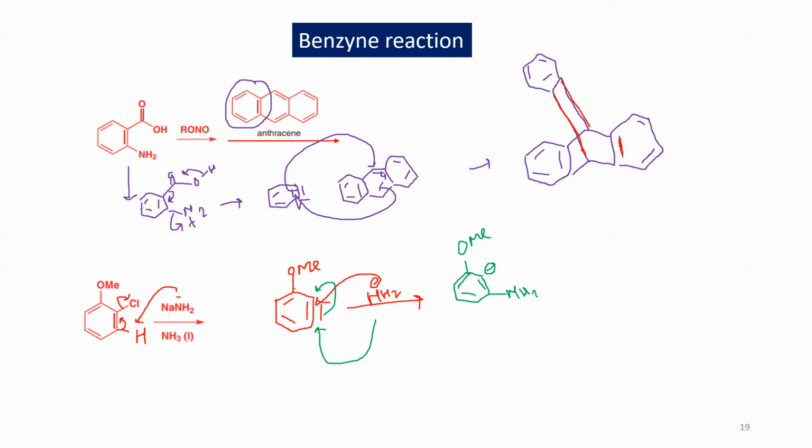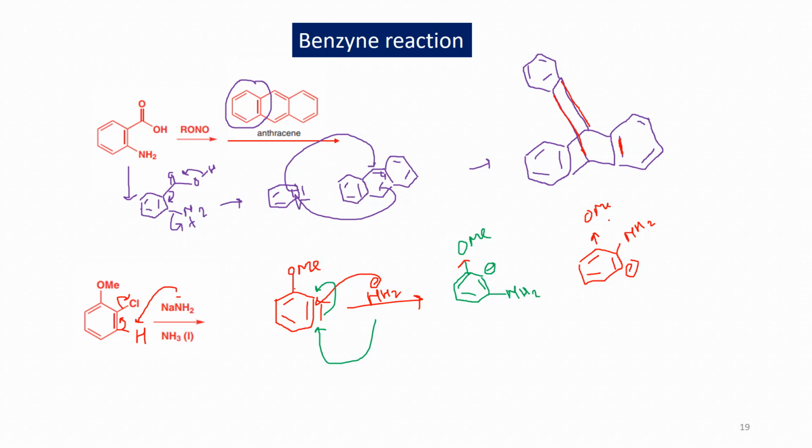In the first case, what would you get? You would get this one as a product. Now, in the first case, the negative charge is adjacent to the OMe group. OMe has a minus I effect, so it can stabilize this negative charge, whereas in the other case it is far from the OMe.